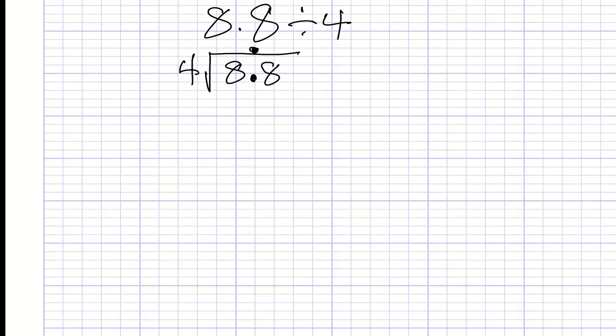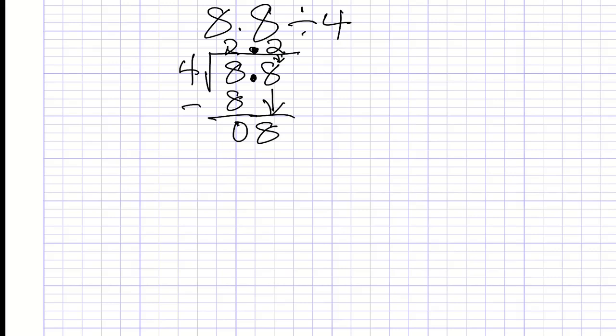And then 4 divide 8. How many times does it go? 2 times. You write 2 here. 2 times 4 is 8. You subtract, you bring down 0. That's 0. Then you bring down 8. Bring down 8 here. Now 4 divide 8 again. It goes 2. Now you put the 2 under this 8 over here.